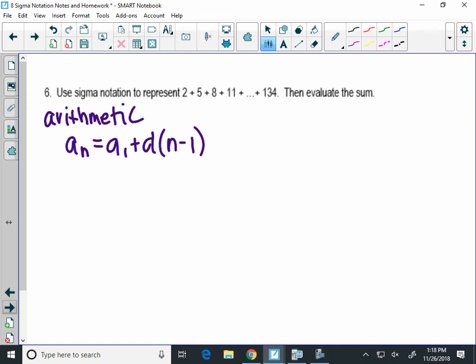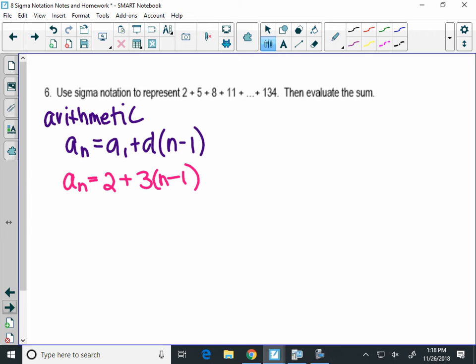So I need the sequence formula in order to write sigma notation. Let's see what we have. A sub n equals, what is the first term of this series? 2 plus, what's the common difference? 3. We just like the number 2 today. And n minus 1.